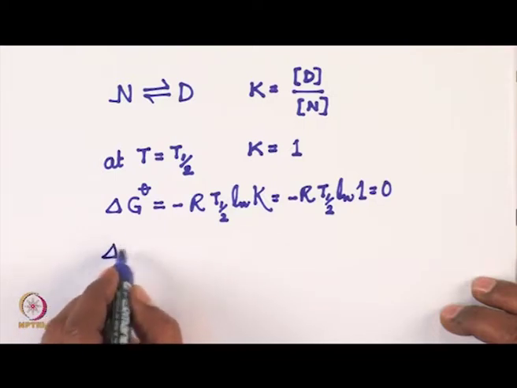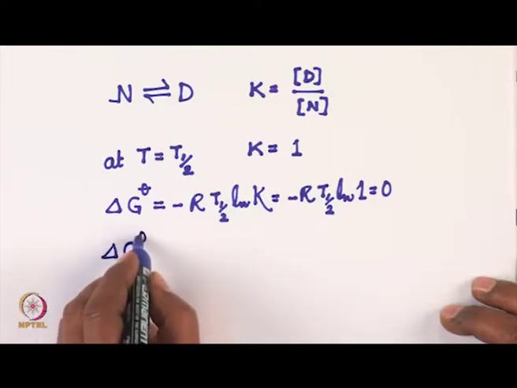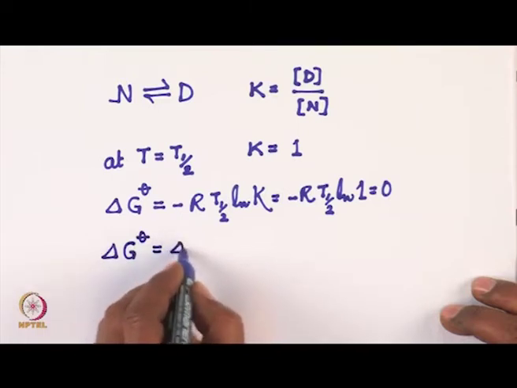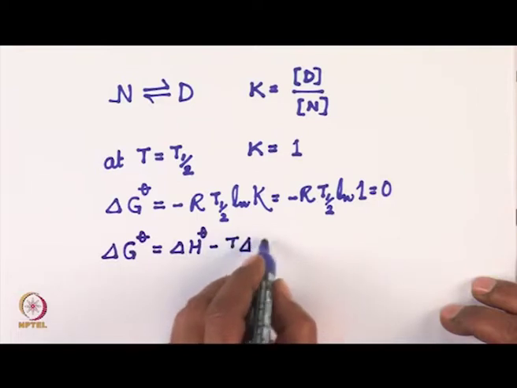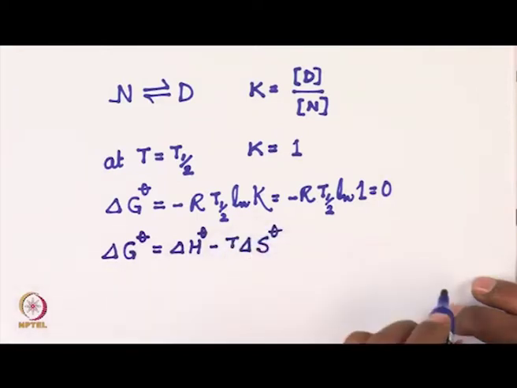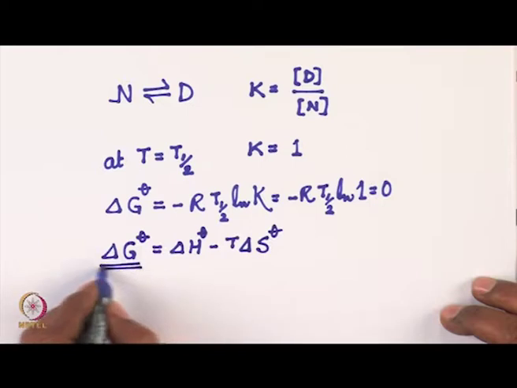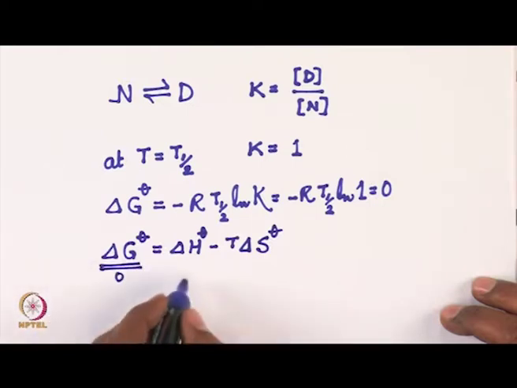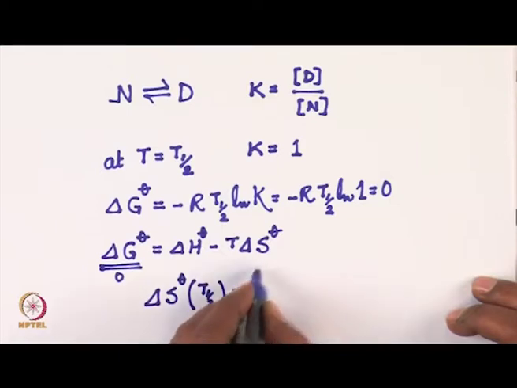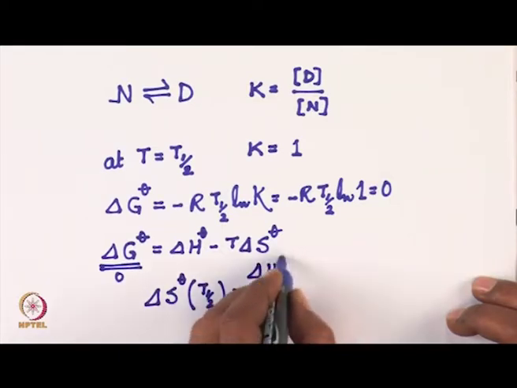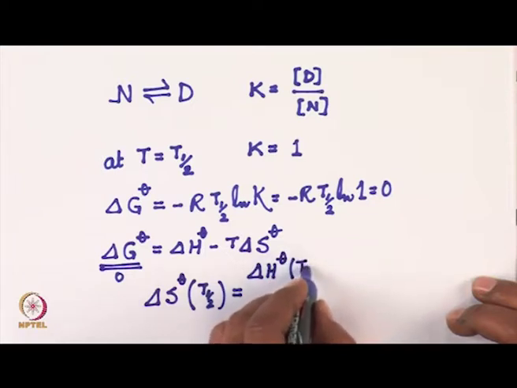And if I now use this expression, delta G naught is equal to delta H naught minus T delta S naught, and since this is 0, I can write delta S naught at T half will be equal to delta H naught at T half divided by T half.